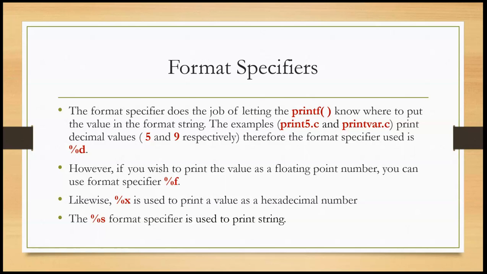However, if you wish to print the value as a floating point number, you can use the format specifier %f. Likewise, %x is used to print a value as a hexadecimal number. The %s format specifier is used to print a string.